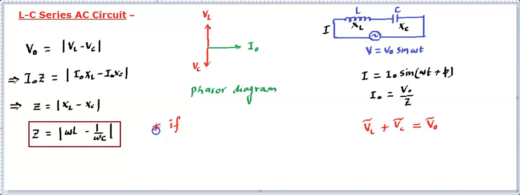The condition is, let's say VL is greater than VC. You'll find the phasor diagram will be something like this. This will be the current I naught, or I, and this is going to be VL minus VC. Now it will be upside only if VL is larger. If VC is larger, then the resultant will come downside.